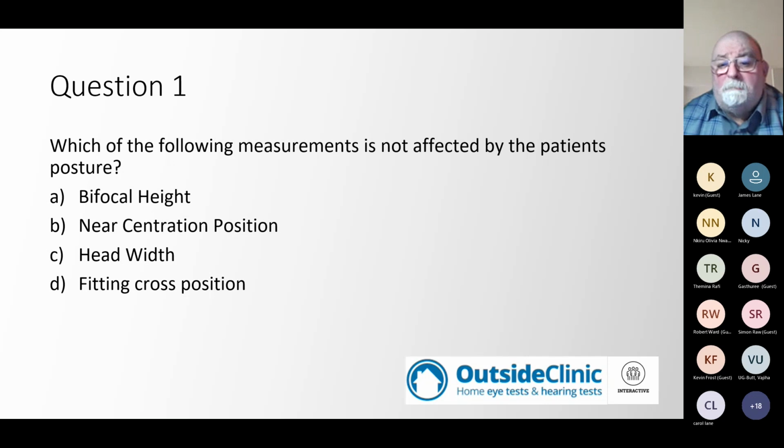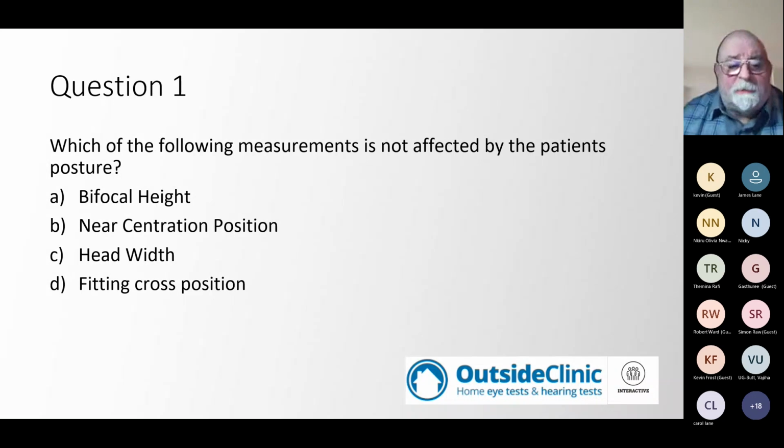So which of the following measurements is not affected by the patient's posture? So the bifocal height, the near centration position, head width, and the fitting cross position for things like occupational lenses and progressive powered lenses. Now, the only one that's not affected by posture is head width.